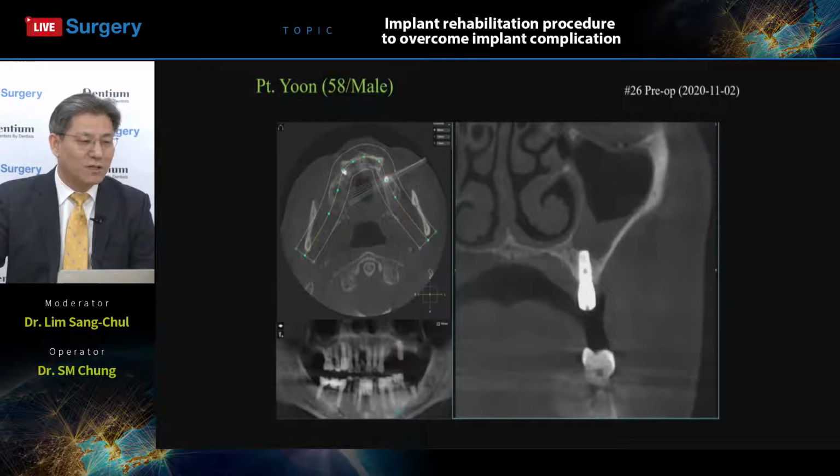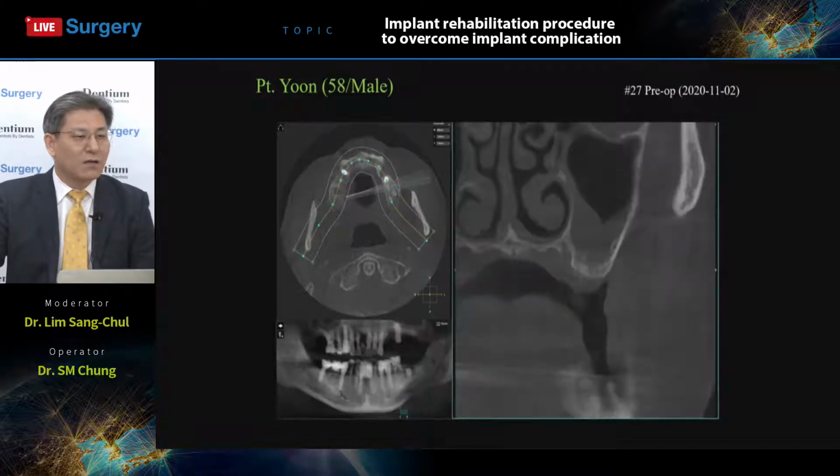It depends on the surgeon's treatment plan and the situation of the implant. Number 27 area, as you can see, has a very thin layer of maxillary sinus floor, maybe around 2 or 3 millimeters of remnant bone, and thickened mucosa. So this area should also have a sinus augmentation procedure.